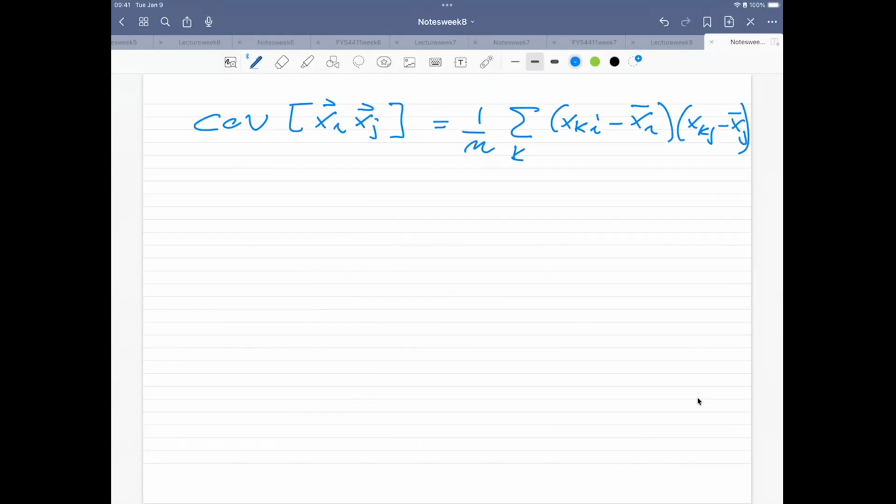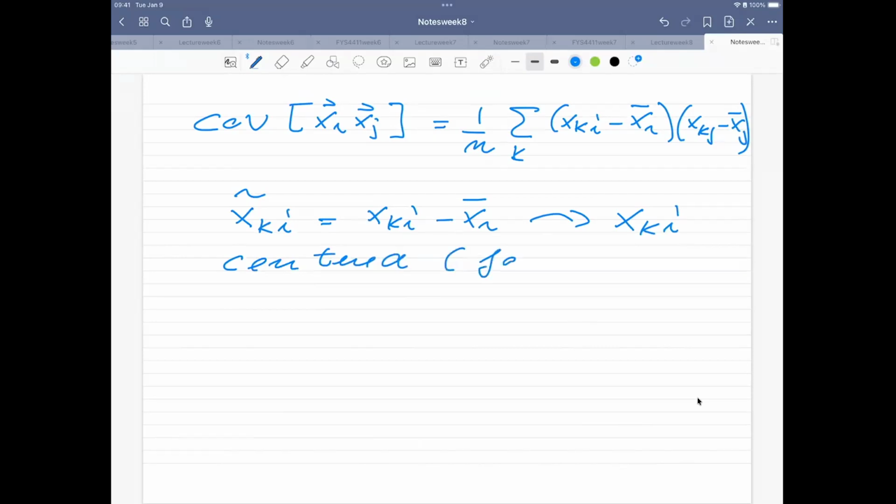Note one more thing: we have a quantity xk tilde, which I'm going to define as xki minus the mean value of xi. And right now, I'm going to just replace it with x of i. We say that the data are centered. This is a form of scaling, which many of you have encountered when you studied machine learning.